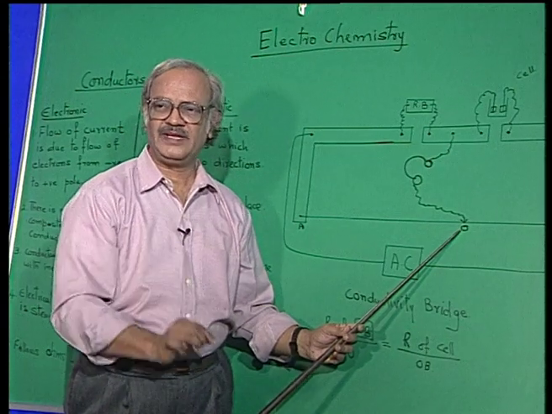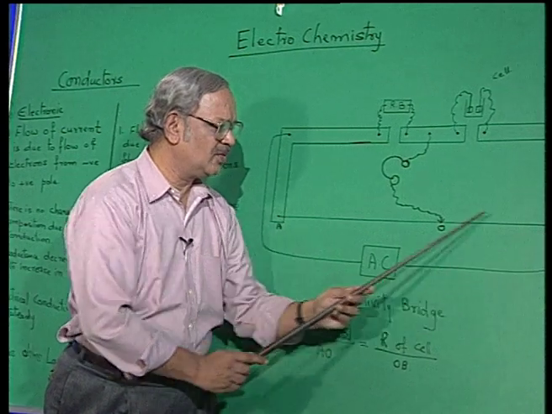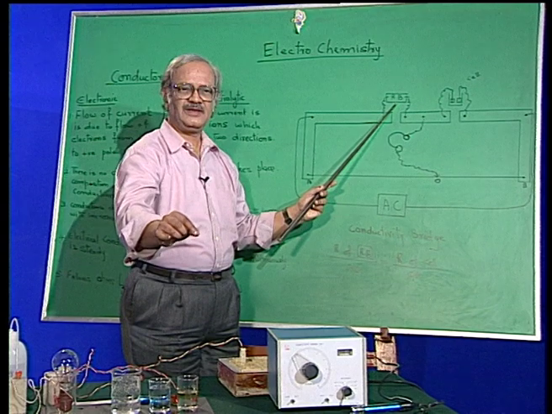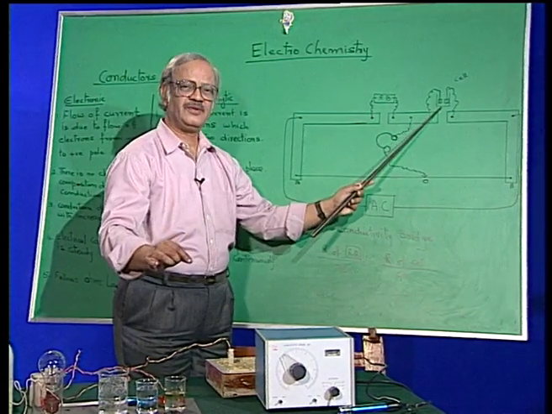So, all you have to do is measure the length AO, measure the length OB, and we know the resistance from the experiment because it is adjustable resistance, and this is the unknown.